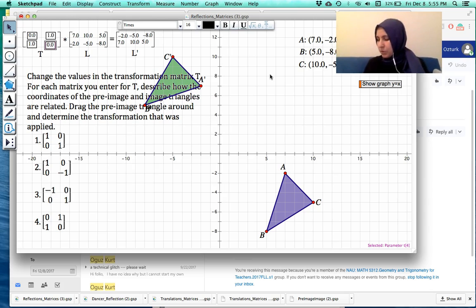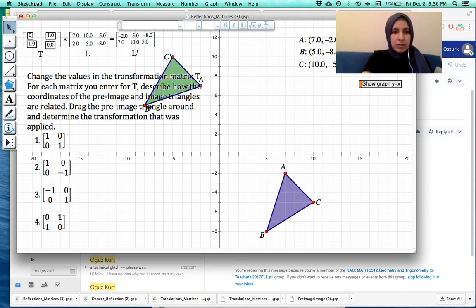Question 23. Consider the matrix 1, 0, 0, and 1.